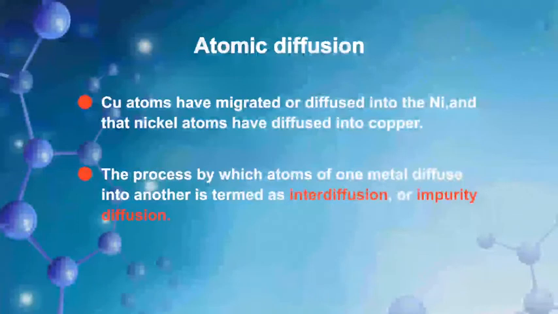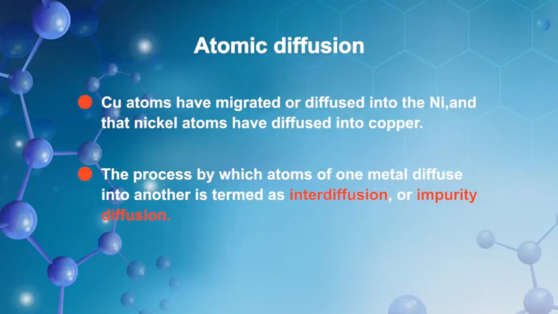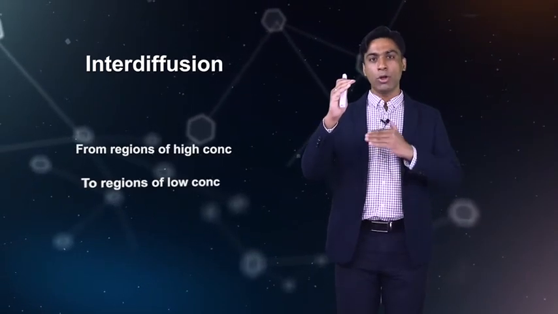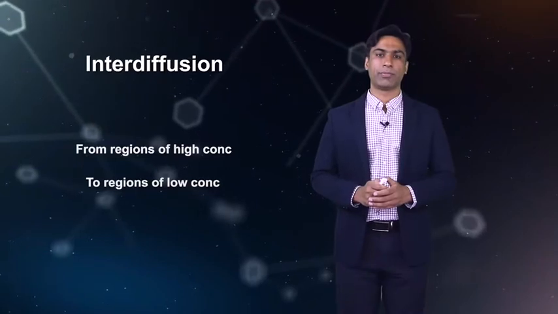The process by which atoms of one metal diffuse into another is termed interdiffusion or impurity diffusion. It's interesting to note from the plot showing the concentration of copper and nickel as a function of position that there is a net drift or transport of atoms from high concentration to low concentration regions.